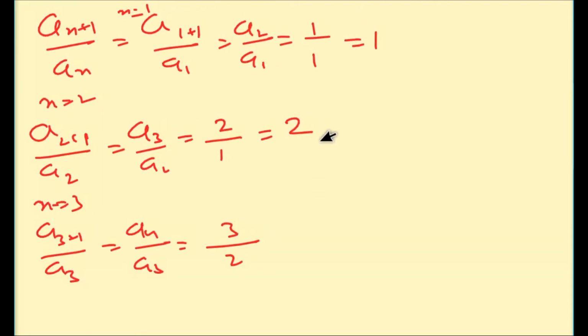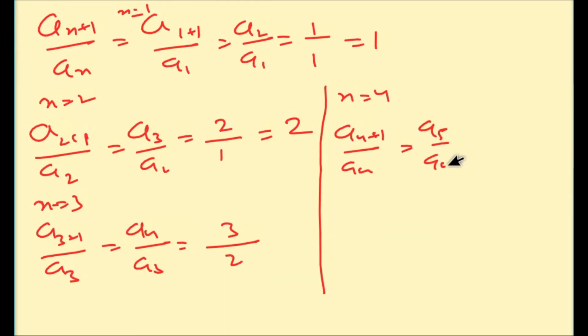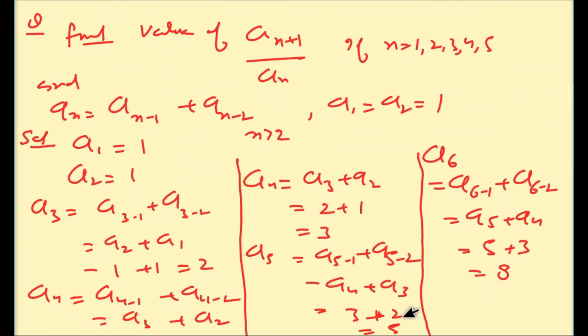Now we want to find this for n equal to 4: a5 upon a4. a4 is 3 and a5 is 5.